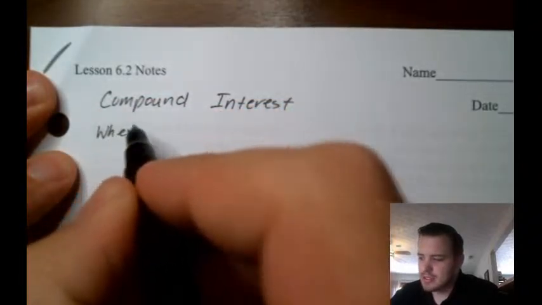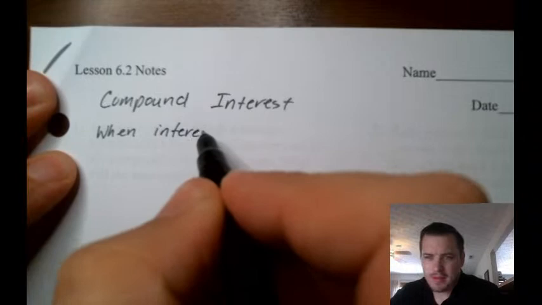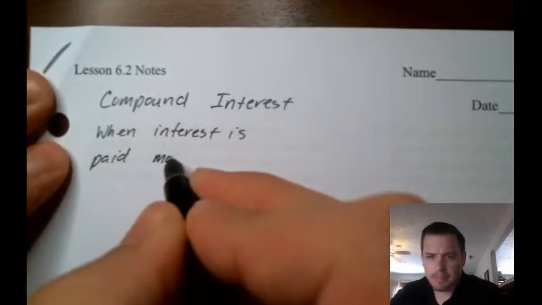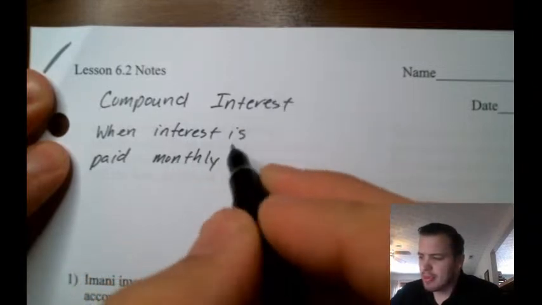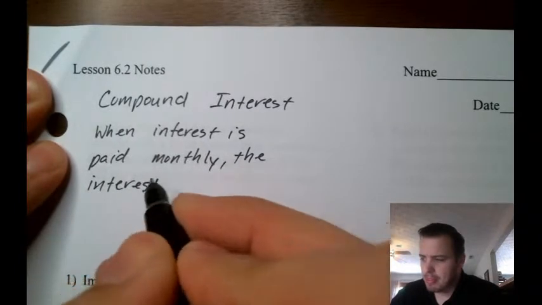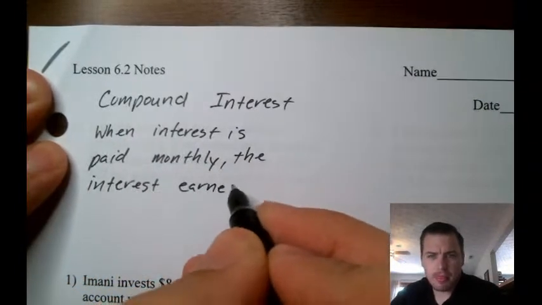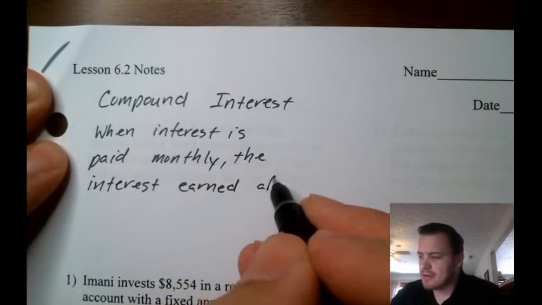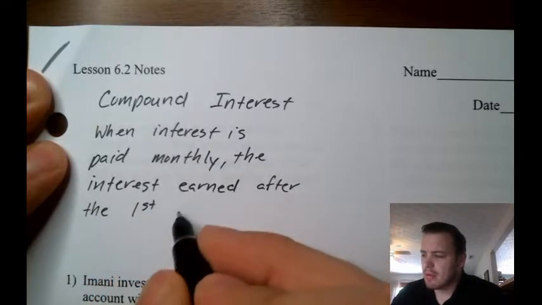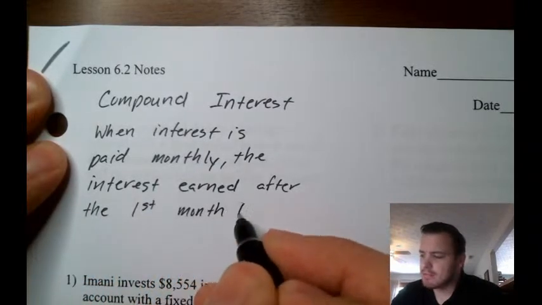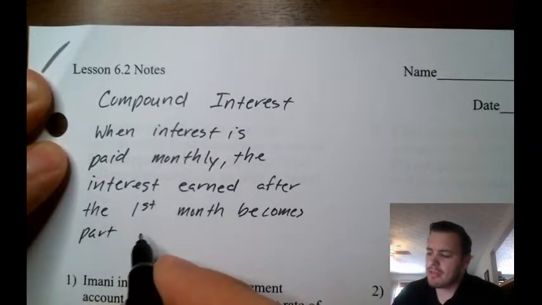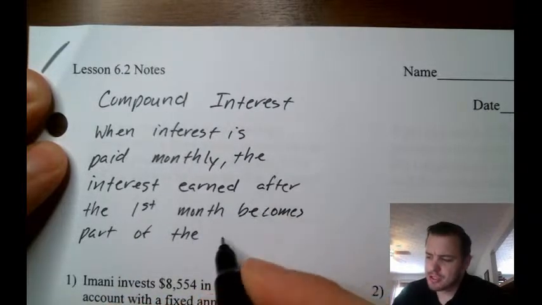When interest is paid monthly, the interest earned after the first month becomes part of the new principal. Now, principal is just the total amount.